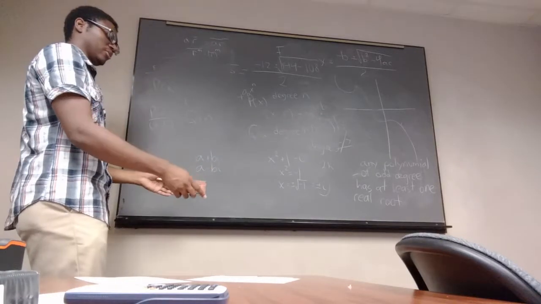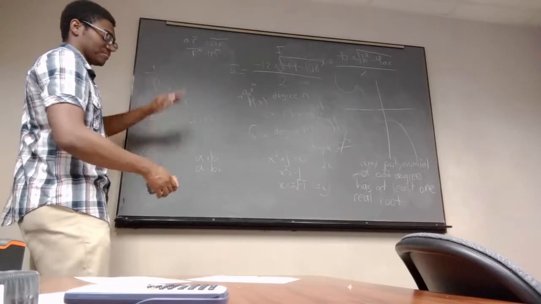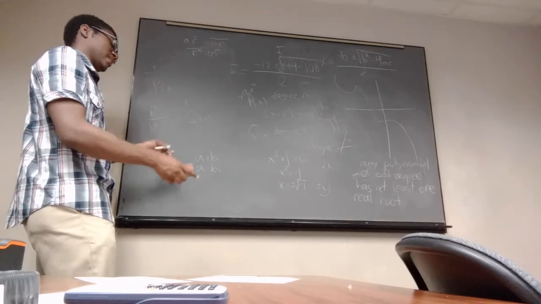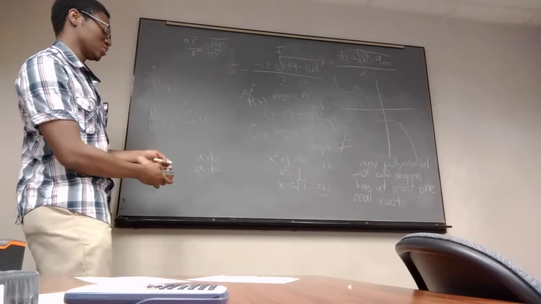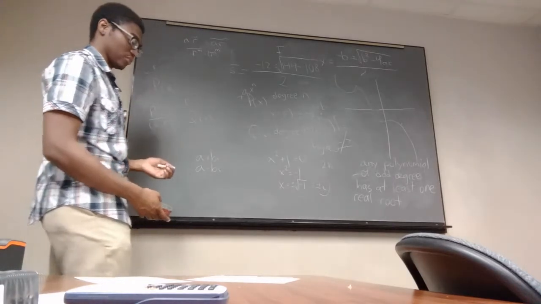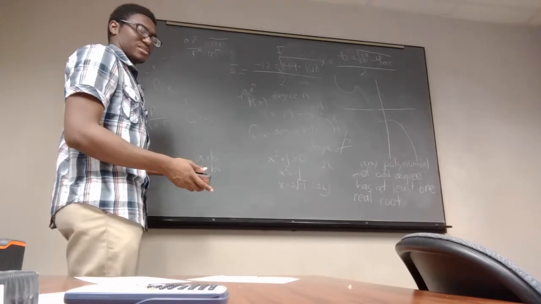So if you have a cubic and one of the roots, you can divide out that root and find the quadratic, and then from the quadratic you can use the quadratic formula to finish solving out the rest of the roots. So that's essentially the 3 takeaways from this lesson.